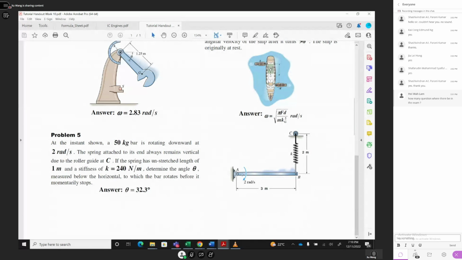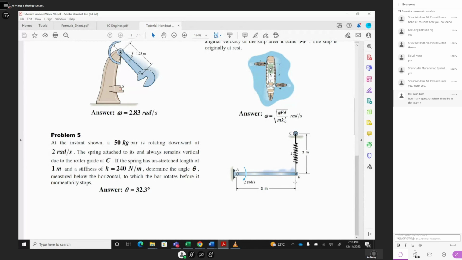This should be equal to 3 meters times this theta. This is the deformation plus 1. Half of k, this is 1 plus L AB times theta. This is the potential energy of the spring.